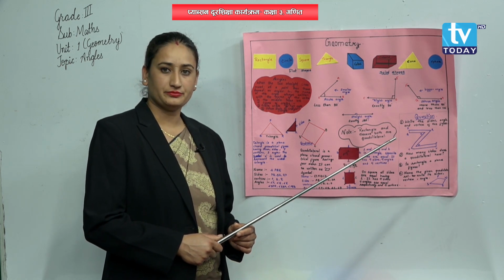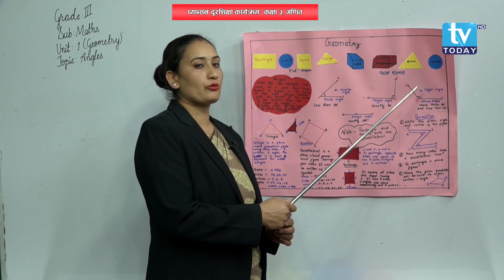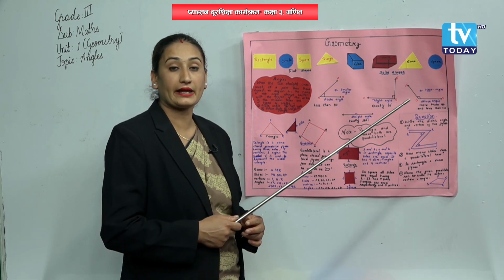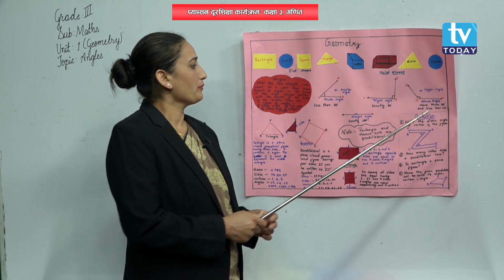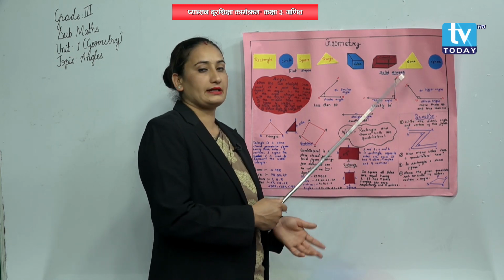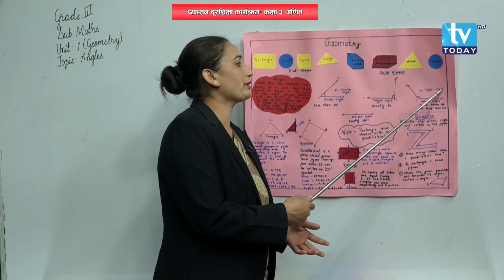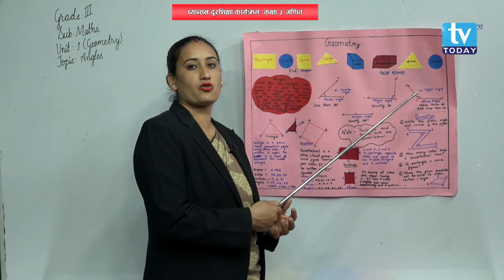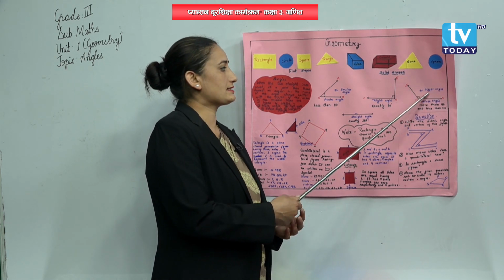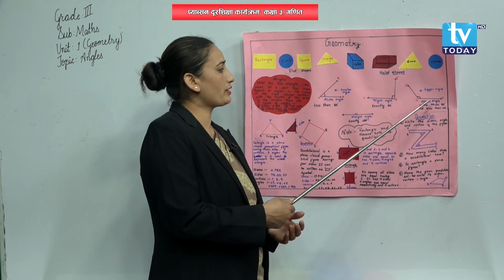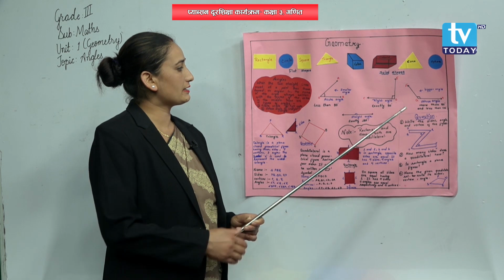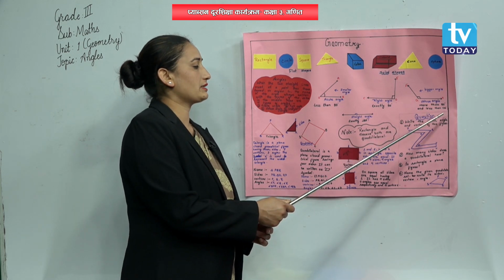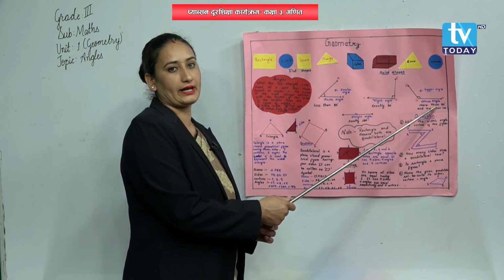Have you understood? What do we call the bigger angle? Obtuse. Very good. We used to learn in grade 2 that this is the bigger angle, and it is called an obtuse angle. It is more than 90 degrees and less than 180 degrees.